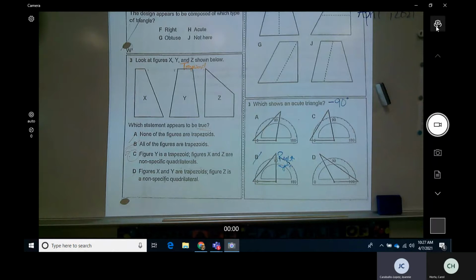Who's ready? Go on to the next page. Go to the next page. Go to the next page. Go to the next page. Go to the next page. Look at it again. Go to the next page. Go to the next page. Look at it again. Go on to the next page. Look at it. Oh, sorry. Go on to the next page. Look at it again. Go on to the next page. That's not the next page.